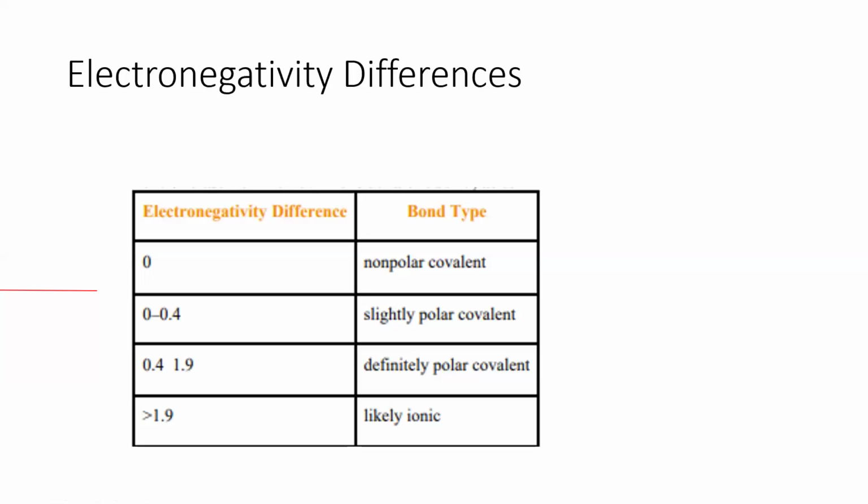See here, 0 to 0.4 is slightly polar covalent. The electronegativity difference falls between here, so it's slightly polar covalent.